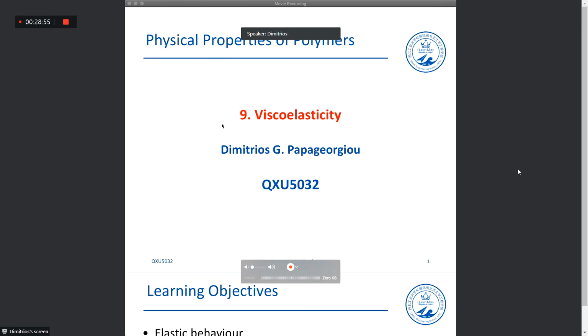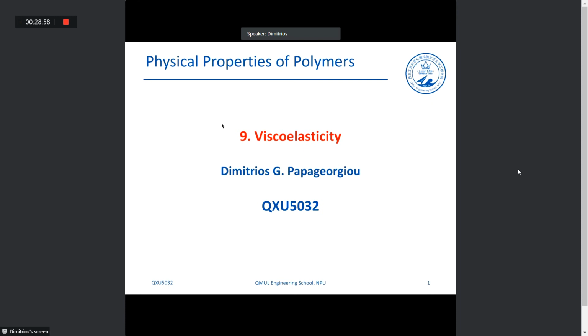So let's go into the final chapter of the course, viscoelasticity, which is a very interesting aspect of polymer behavior. Given that polymers, as we said already, are viscoelastic, okay? They exhibit both viscous and elastic behavior.